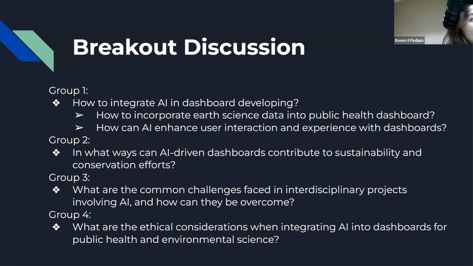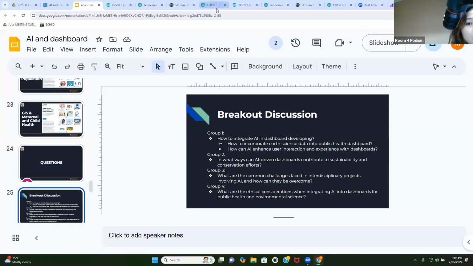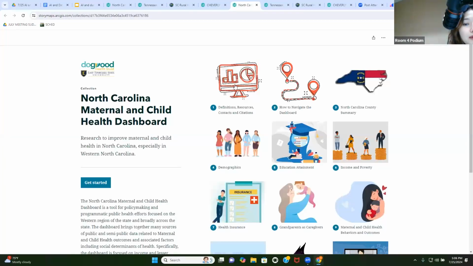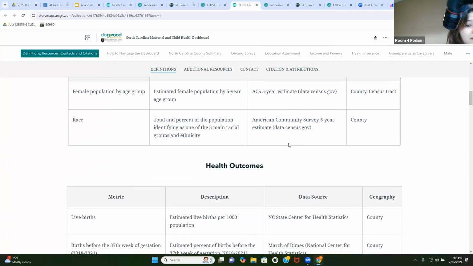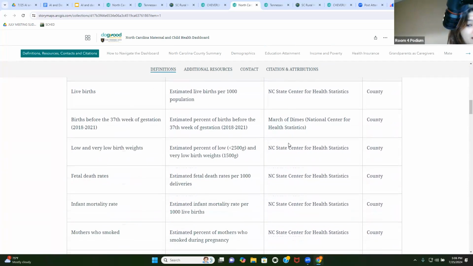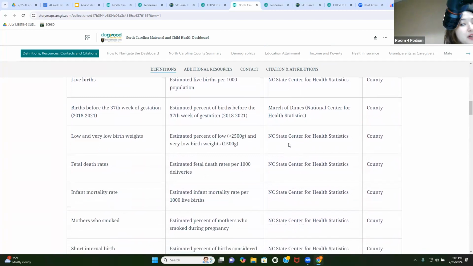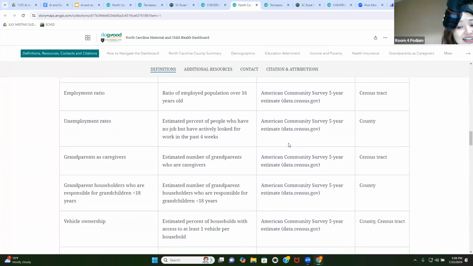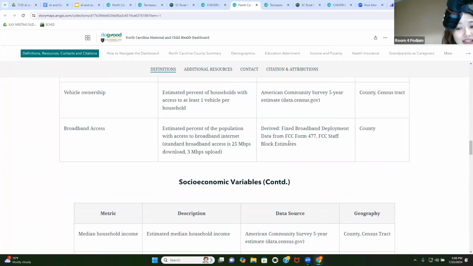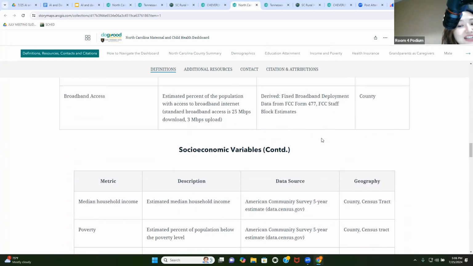How to identify those variables, how to clean up the data, like all the resources. I probably just show, for example, some are from ACS, some from the North Carolina State Center for Health Statistics, could be HRSA, CDC, and could be a fixed broad FCC form.